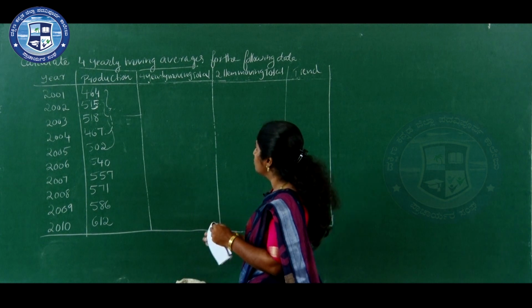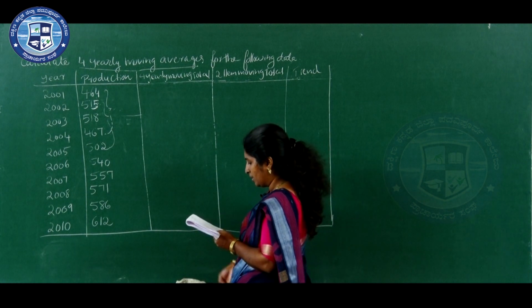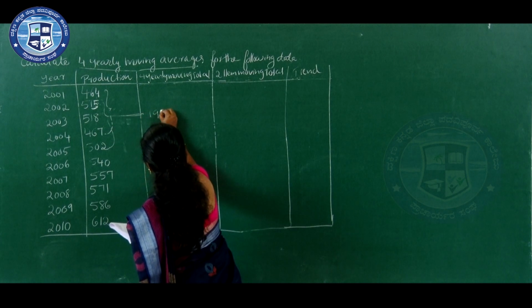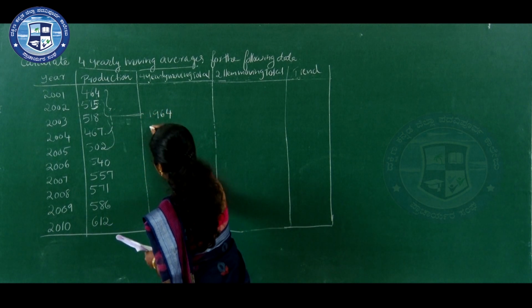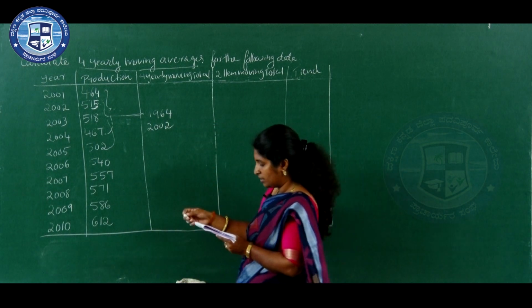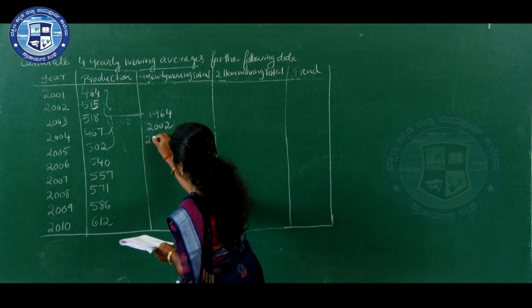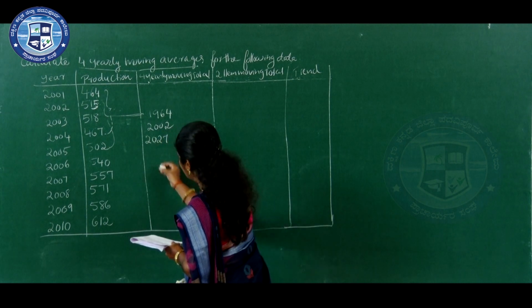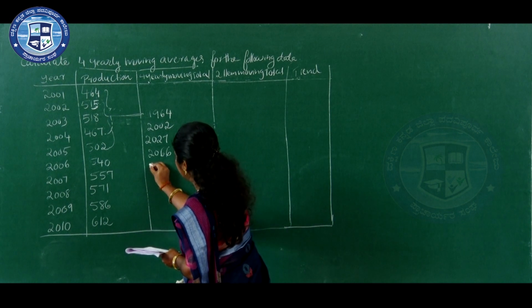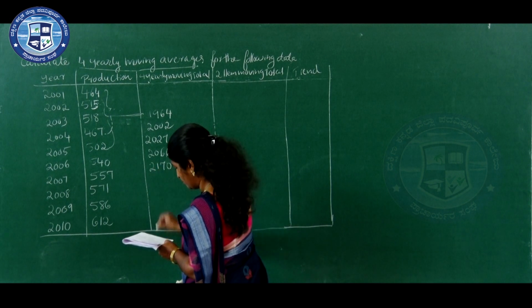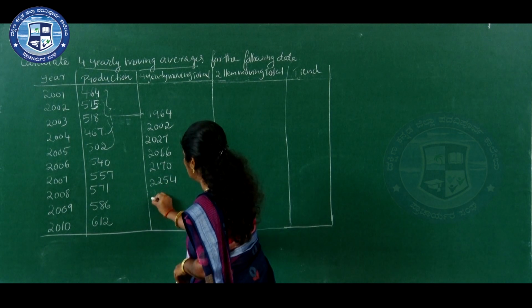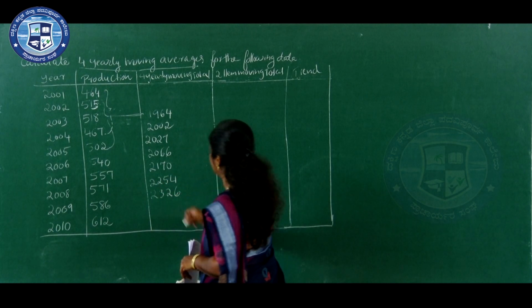Now the 4-year moving total is 1964. Next is 2002, then 2027, 2066, then 2170, 2254, and the last is 2326.